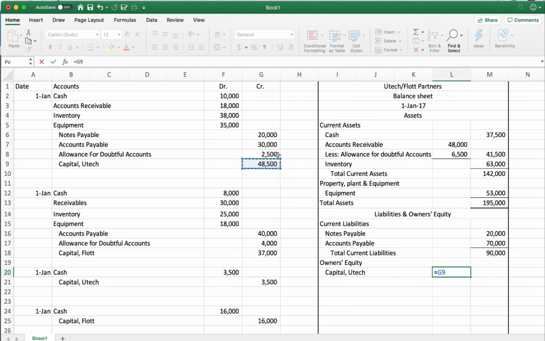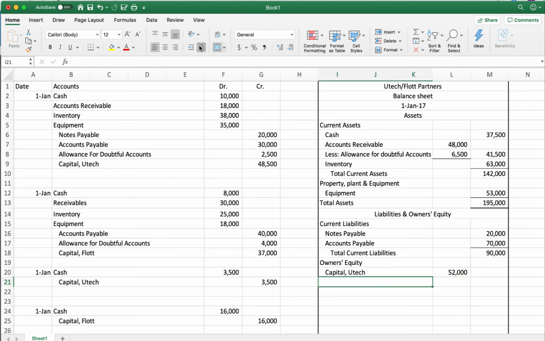So originally we credited UTEC's capital 48,500, and then UTEC contributed an additional 3,500. So we have $52,000 is the capital account for UTEC.